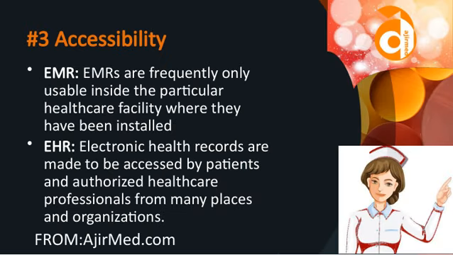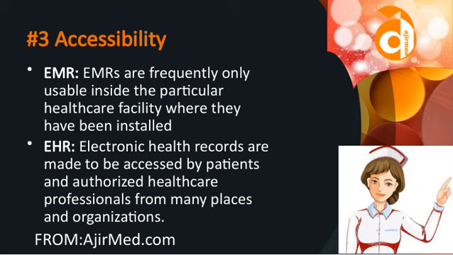Let's talk about accessibility in electronic health records. First, EMRs, or electronic medical records, are often limited to the specific healthcare facility where they're used. That means if you're a doctor or a nurse working at a hospital, your access is usually confined to that location. It can be quite restrictive, especially in today's interconnected world. On the other hand, EHRs, or electronic health records, are designed with accessibility in mind.